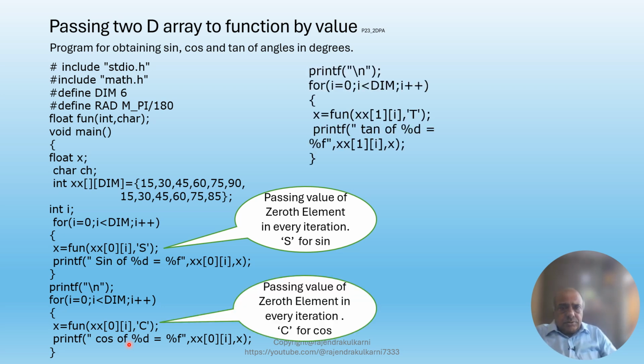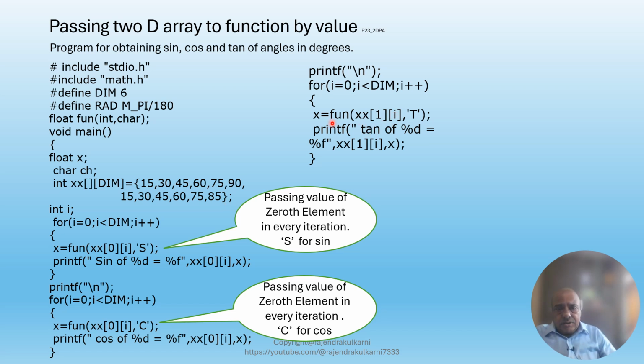In the third for loop, what we are doing is we are passing the values of elements of the first 1D array, or first element of the 2D array, which is a 1D array having values 15, 30, 45, 60, 75 and 85, to the function fun.